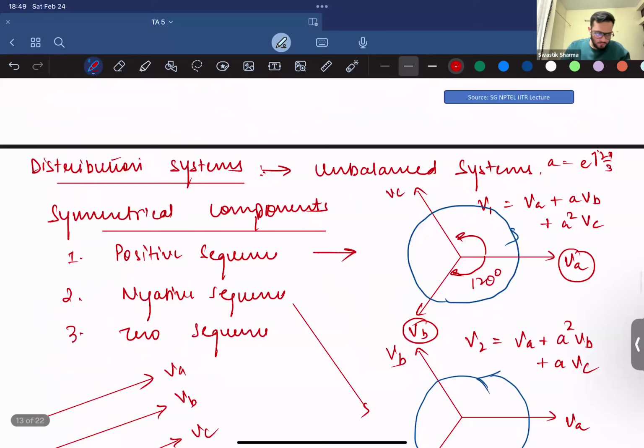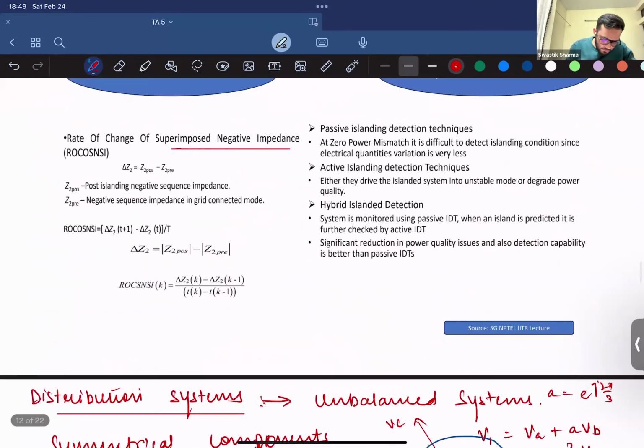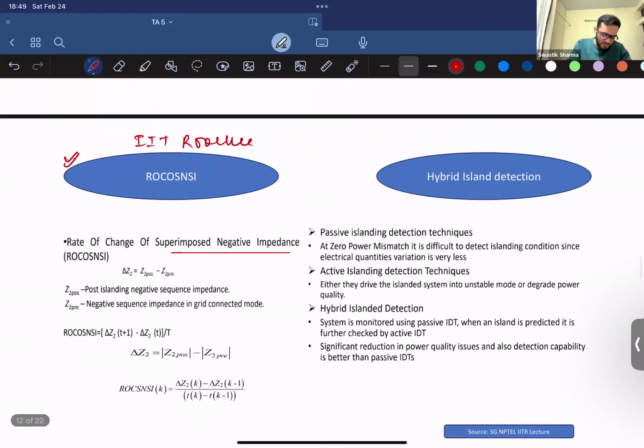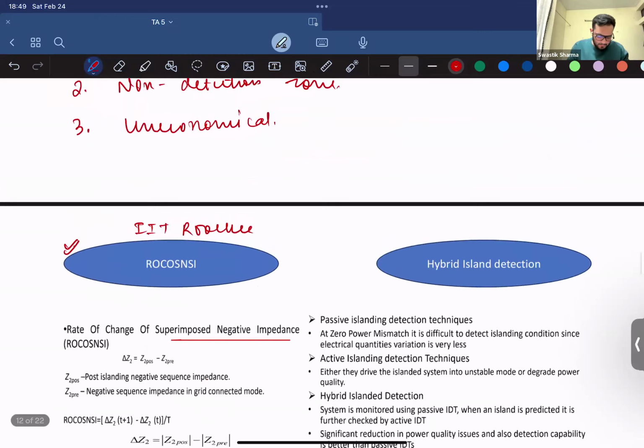Right? Sorry, my throat is itching. So since there will be an unbalance in the distribution system, they directly took the negative sequence component and checked how much it was displaced between its post and pre position. Post means post islanding and pre islanding.